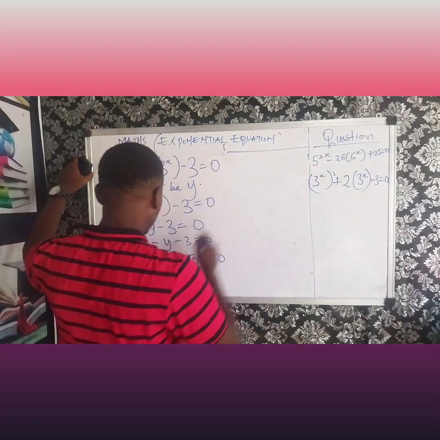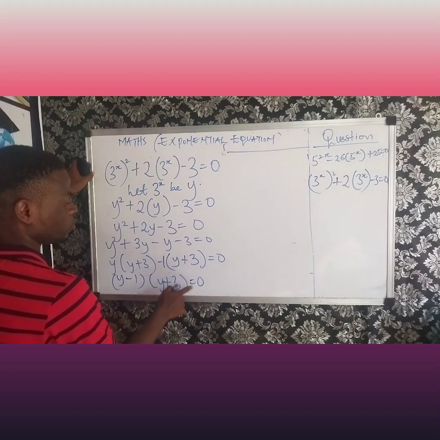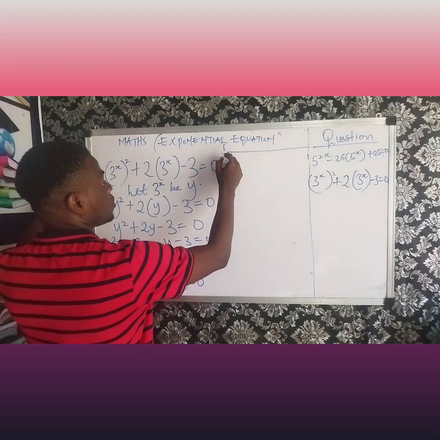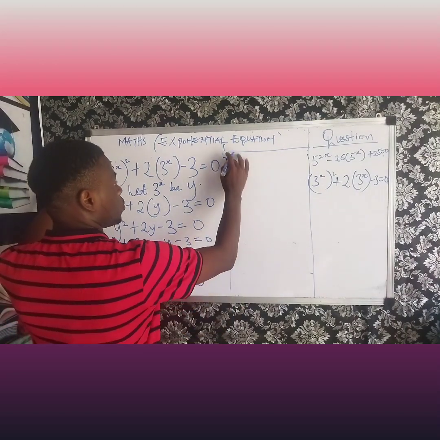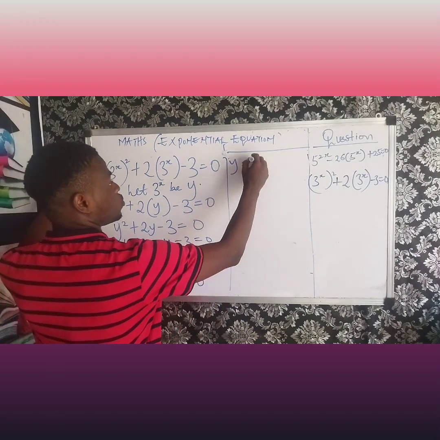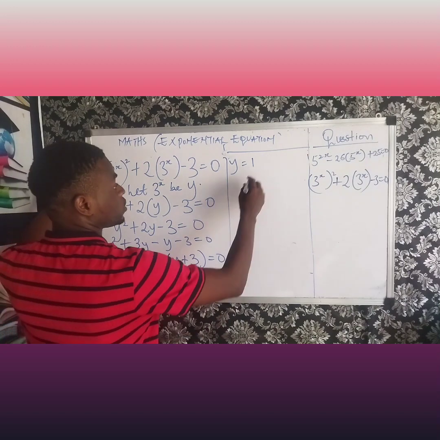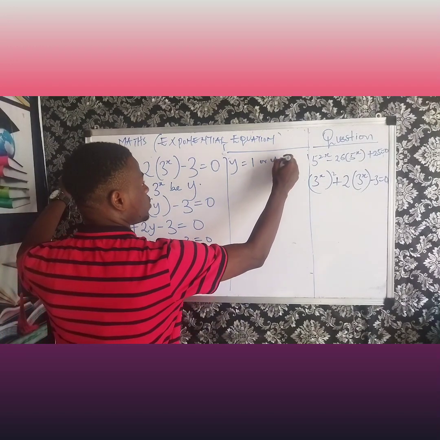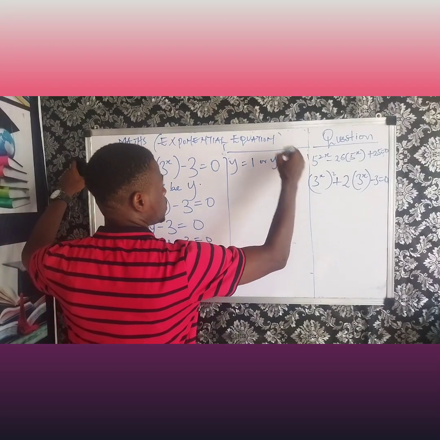So by the time we equate each factor with 0, we now have y equal to plus 1, or y equal to minus 3.